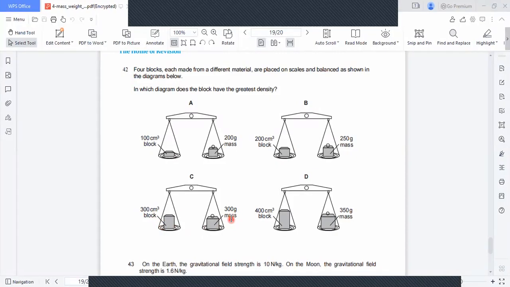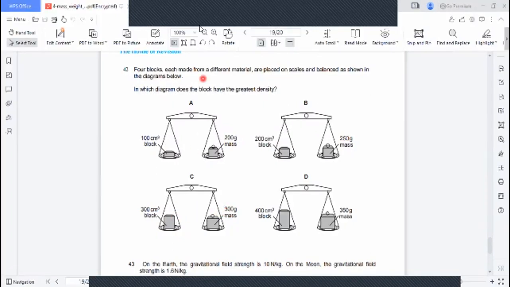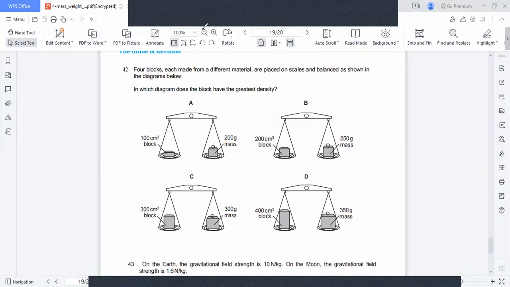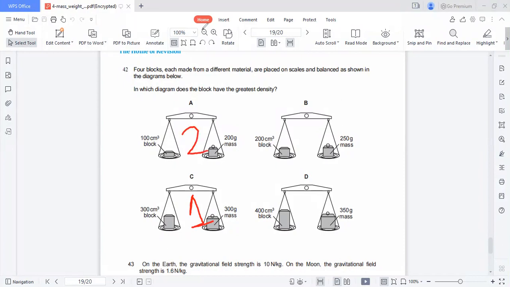Here is 300 grams. It is approximately 1. If you just measure mass over volume, it would be 1. Just find out, it would be 2. Mass over volume is 2. It is 250 divided by 2, it would be 1.25, I think so.